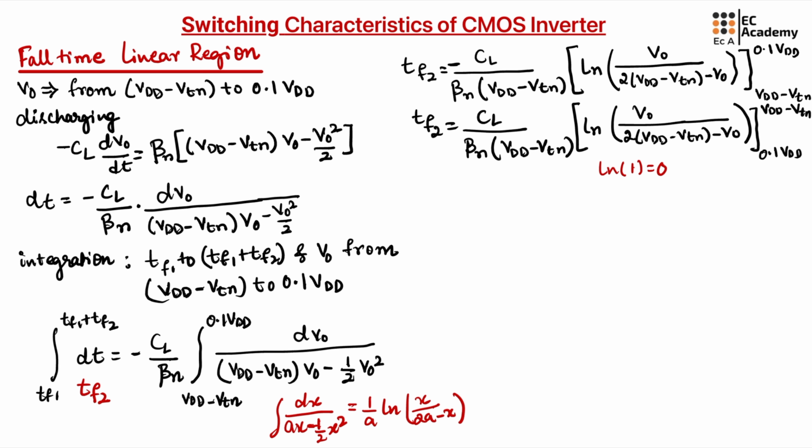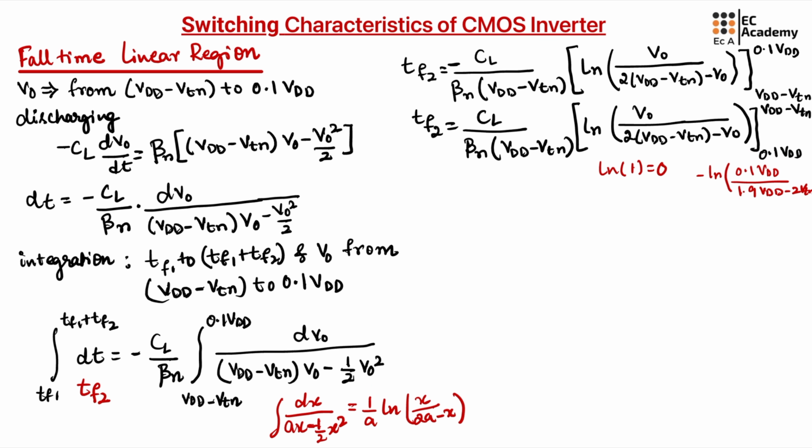And if you substitute the lower limit, where V0 is equal to 0.1 VDD, in that case we will get minus ln of 0.1 VDD divided by (1.9 VDD minus 2 VTN). Here it will be this term minus this term, so you will get this equation after simplification.